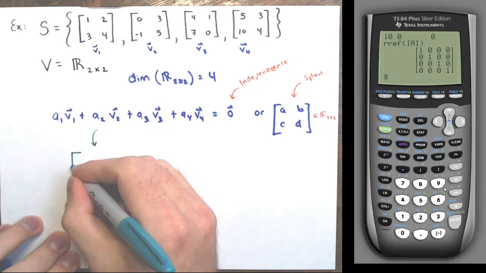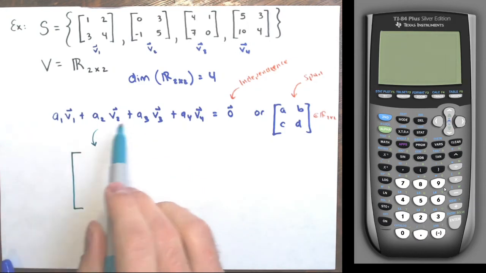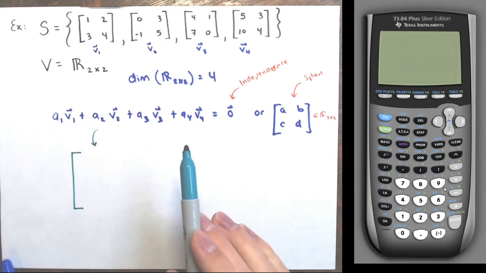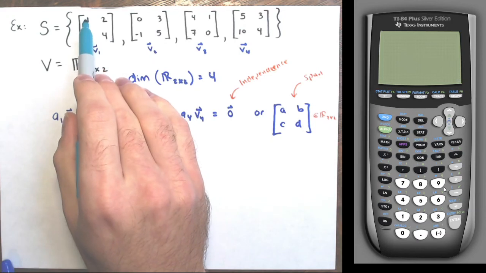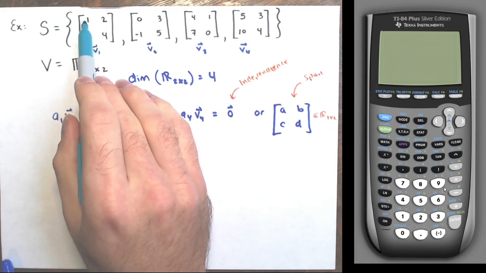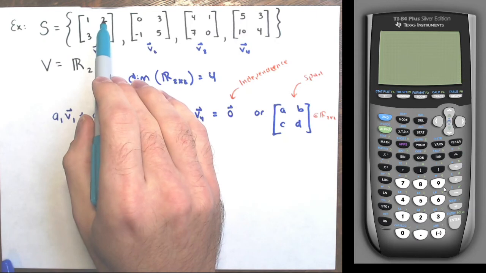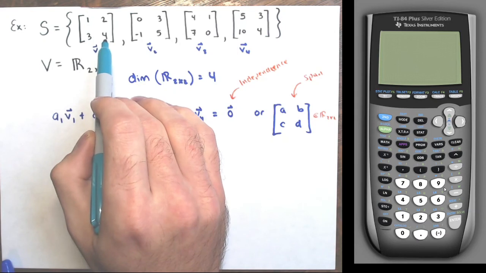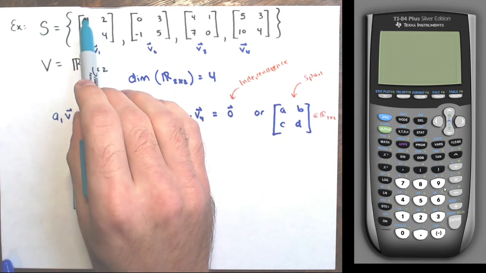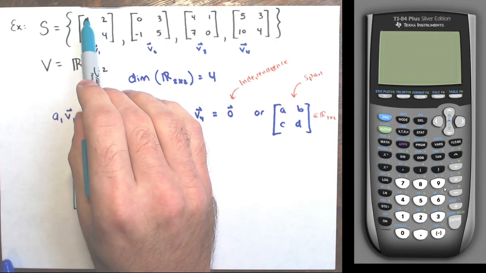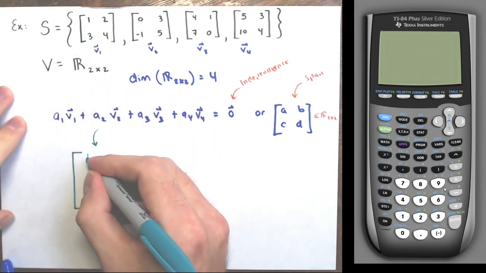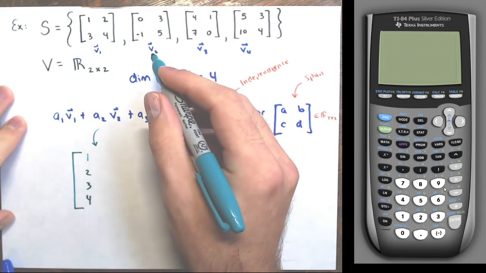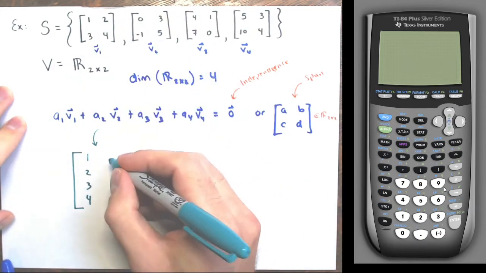And I'm just going to jump right to drawing that. If I wrote the equations out with the matrices and wrote that system, I would do it in the same order: first row, first column entries, an equation for those, then first row, second column, then second row, first column, then second row, second column. So down the first column of the augmented matrix, I'd have 1, 2, 3, 4, all from the first vector. For the second one, 0, 3, negative 1, 5.